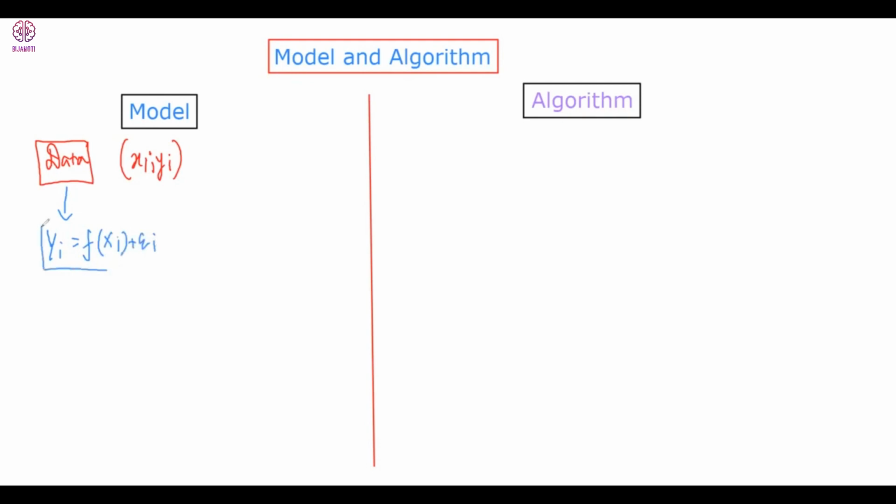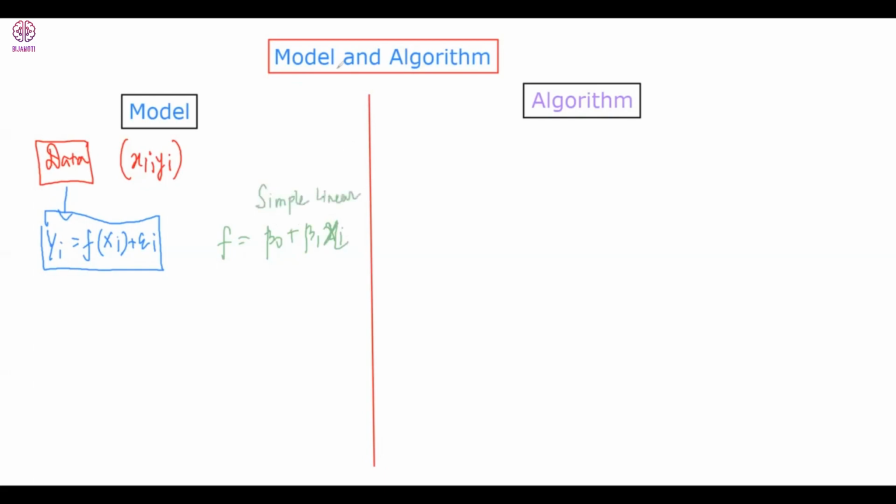If you consider this format, and you assume that f is equal to beta naught plus beta 1 xi, what will you get? f(x) is equal to beta naught plus beta 1 x. That is a simple linear format, which is why the name is simple linear regression.